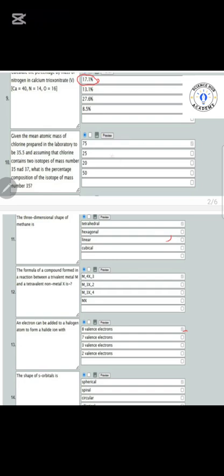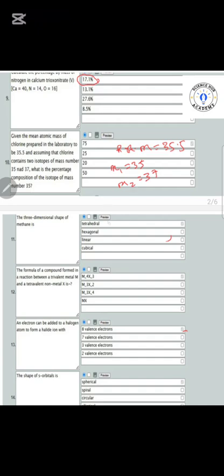Now question 10, given the relative atomic mass of chlorine, so we are given the relative atomic mass here to be 35.5. And you are told that it is a mixture of 2 isotopes. Our M1 is 35 and our M2 is 37. So what is the percentage by ratio of the composition of the mass of 35?